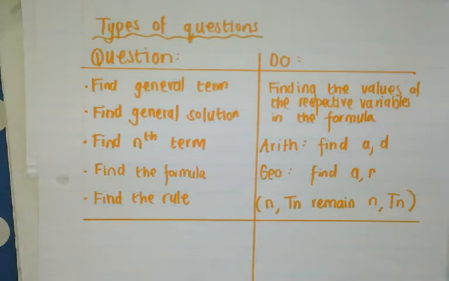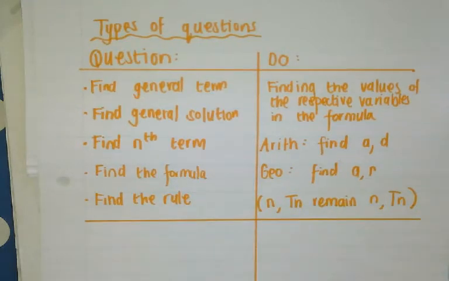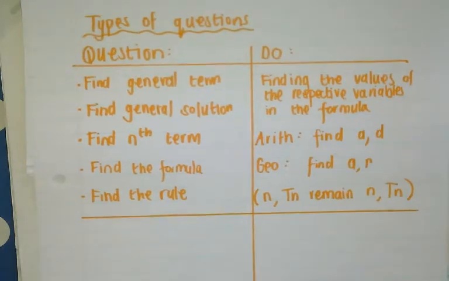So once I have the formula, I know the values of A and D or A and R, I can now go further and ask questions relating to position and questions relating to term value. So my first question will almost always be, what is the formula? What is the rule, the general solution, whatever words I choose to use.